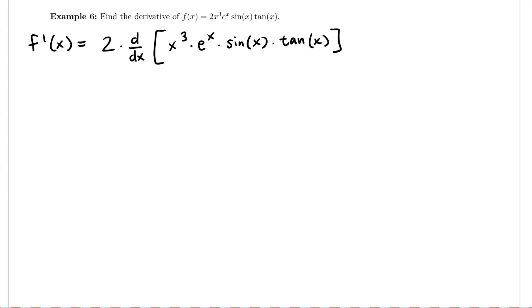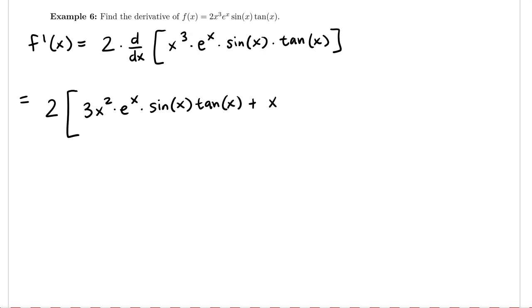Now we just have 4 functions, so this is equal to, I can leave the 2 factored out, and then I would take the derivative of the first function, then multiply by the other 3 functions' original forms, then plus I would keep the first function the same, multiply by the derivative of the second function, but that's still e to the x.